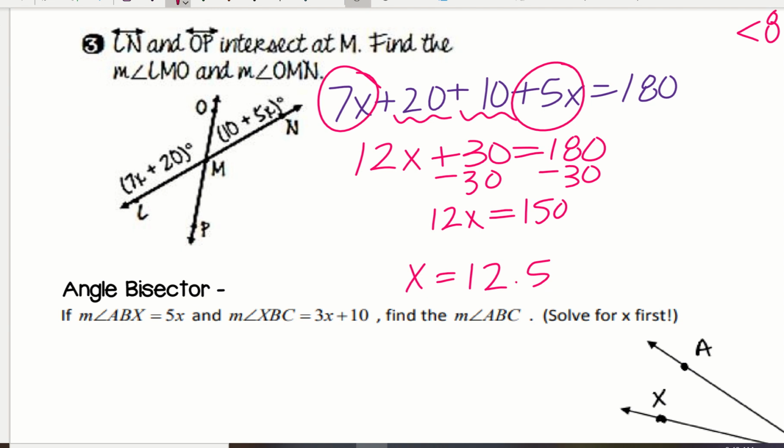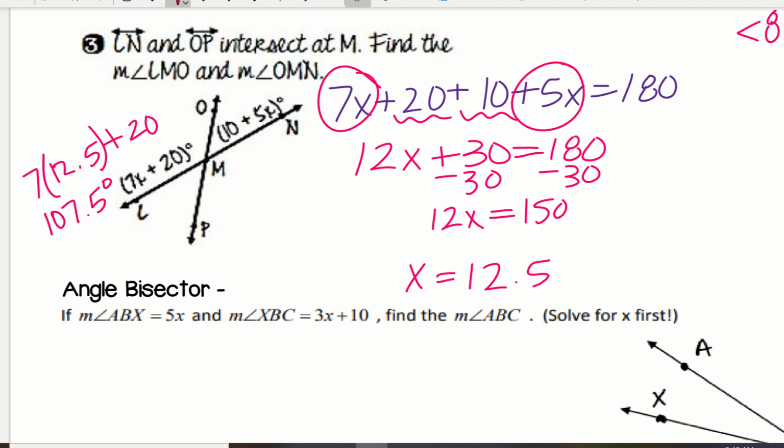So remember, then I just go plug it in. 7 times 12.5 plus 20. What does that give me for LMO? 107.5.